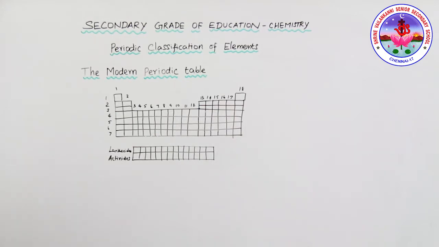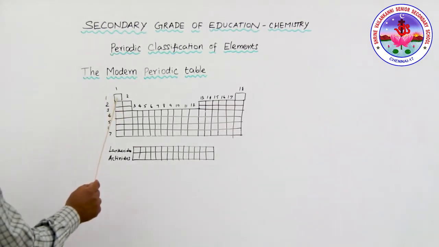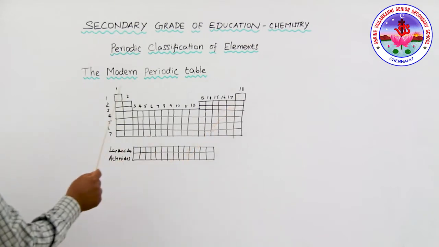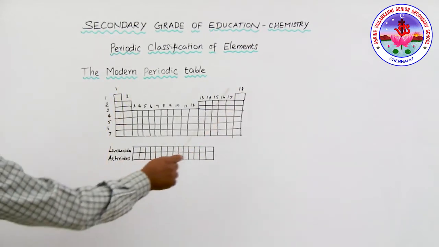The prediction of the properties of elements could be made with more precision when elements were arranged on the basis of increasing atomic number. See, in the modern periodic table, hydrogen is the first element, then helium is placed here. There are 18 groups, 1 to 18.